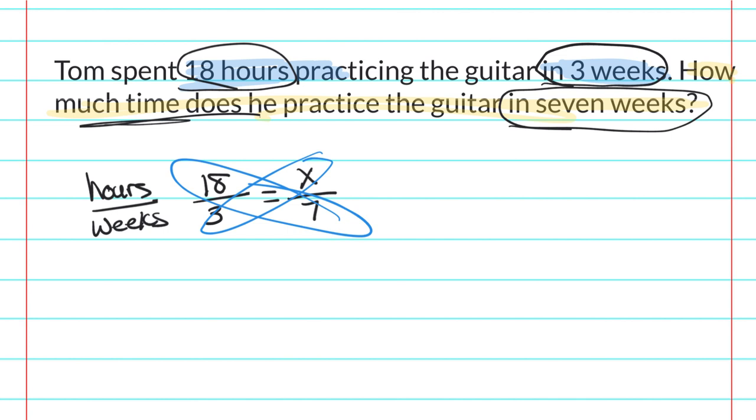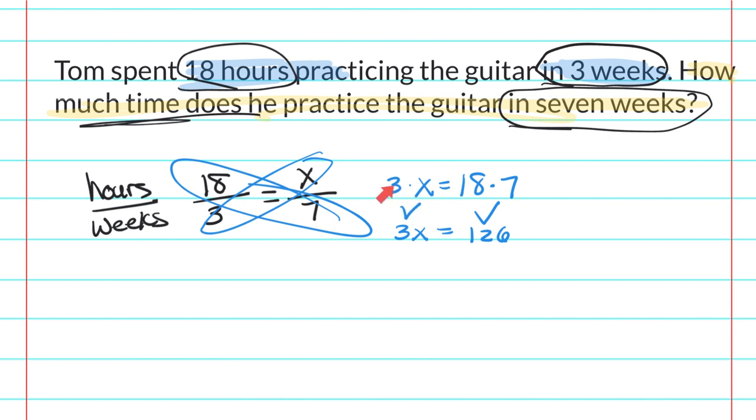So first, cross multiply. 3 times x equals 18 times 7. Do the math. 3 times x means 3x equals 18 times 7, which gives me 126. Now I have 3x equals 126. I want to solve for x, okay? I want to get x by itself because that's what I'm looking for.